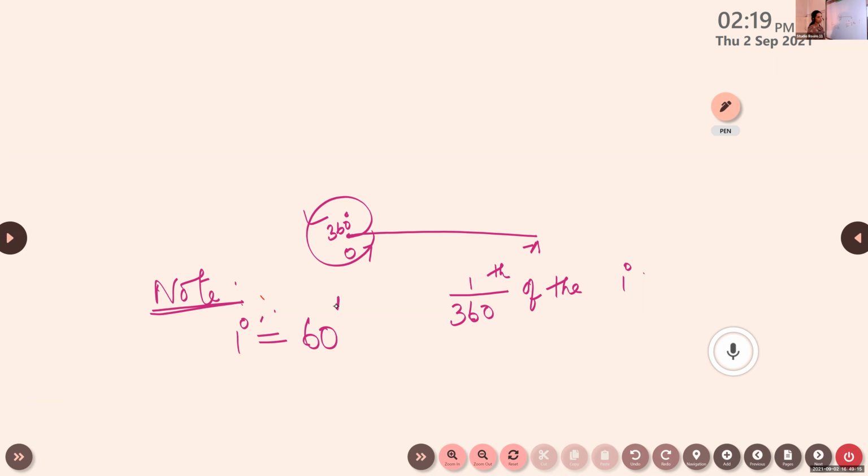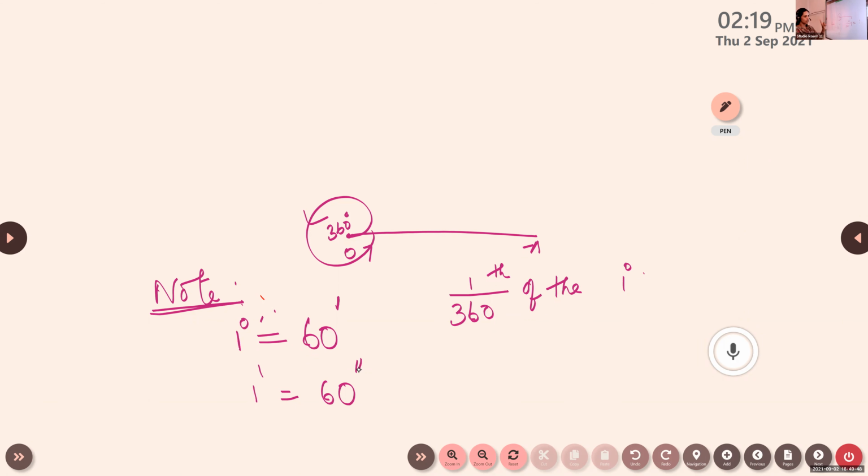Minutes are smaller units of degree, and we write them with a simple dash: after writing 60, we write 1 dash, which is 60 minutes. Similarly, 1 minute can be divided into 60 seconds. 60 seconds means we write 2 dashes. 1 degree is 60 minutes and 1 minute is 60 seconds.